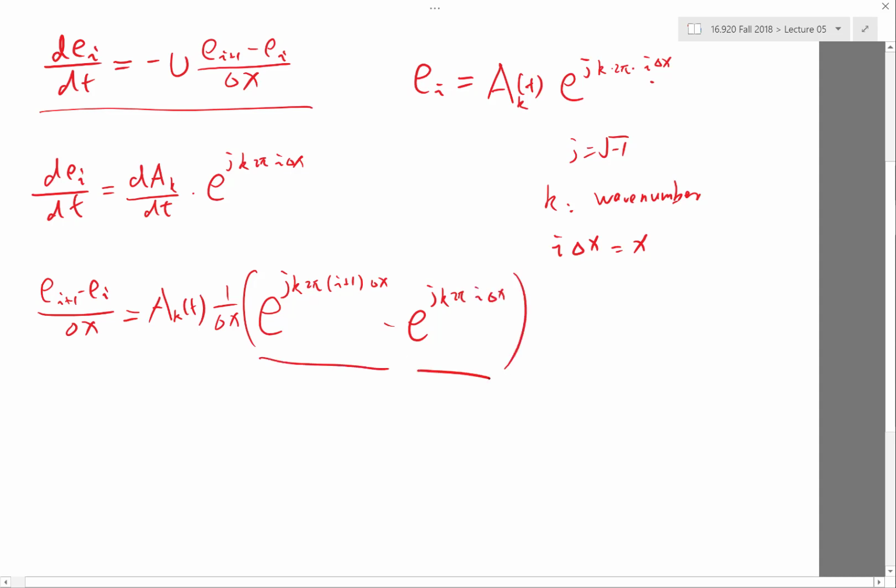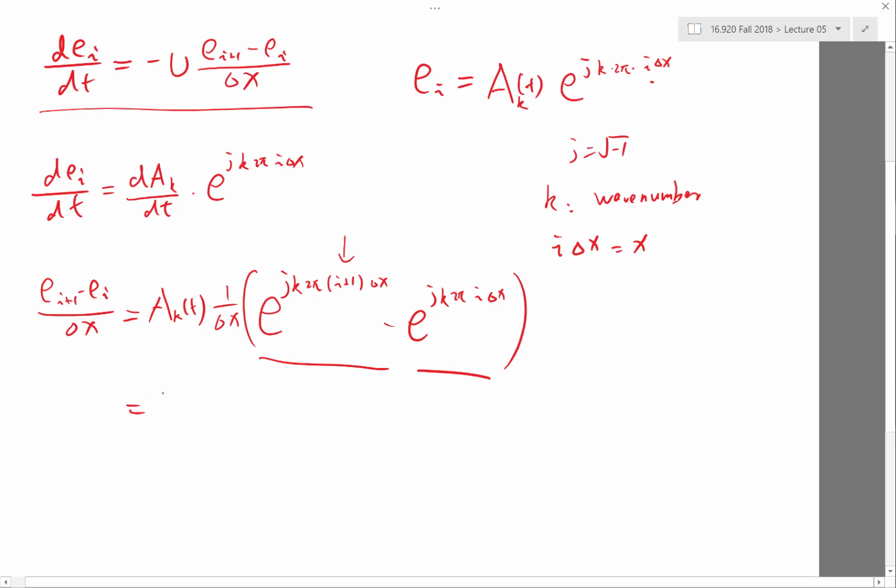So is there any common term in these two exponentials? Yes, if we can express the exponential of the sum as the product of respective exponentials, right? e to the a plus b is equal to e to the a times e to the b. So this plus can be split.